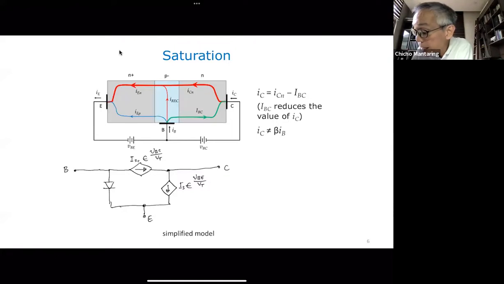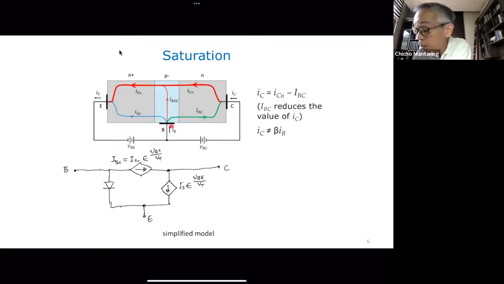So as I increase the value of VBC, okay, naturally I will be increasing the value of IBC. So this is actually IBC. That is my current from my base to my collector. So originally this was open circuited because I had a very small reverse saturation current here.